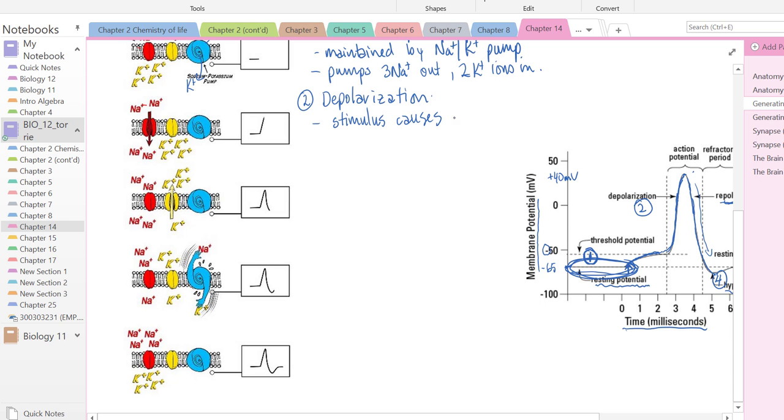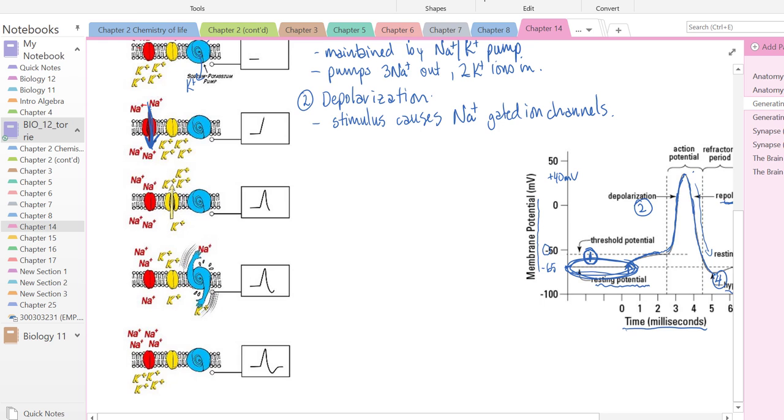causing sodium-gated ion channels to open. Now this should ring a bell back to membrane transport. This is facilitated diffusion. There's no energy involved here.